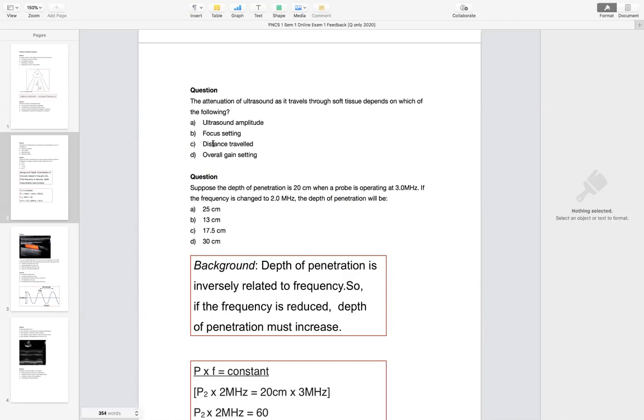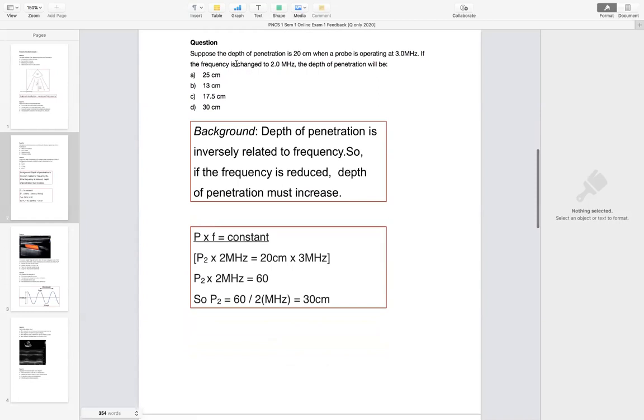For those of you who've been imaging for a while, acquiring subcostal images, for example, you'll appreciate that sometimes you just can't see the heart because you're so far away. And that's an important limitation to ultrasound and related to attenuation.